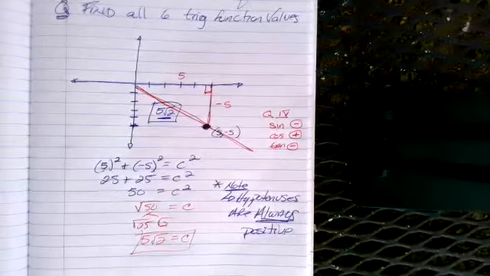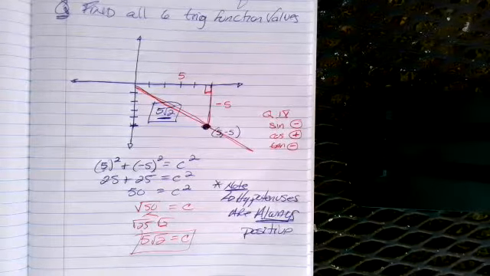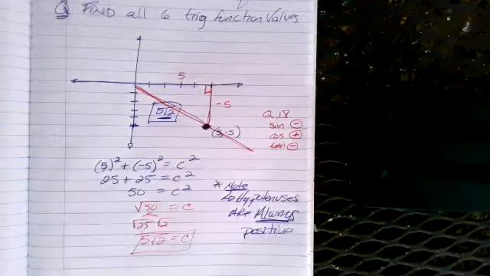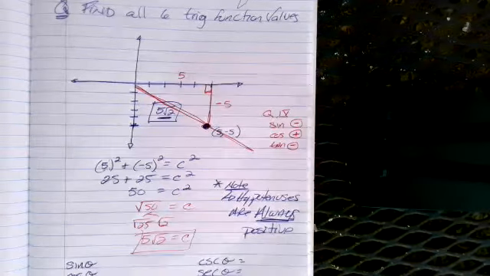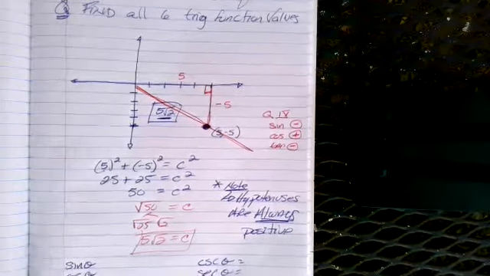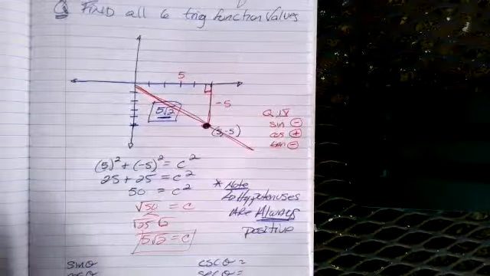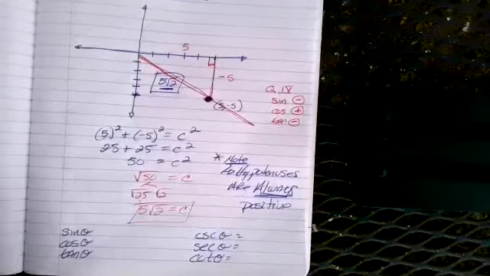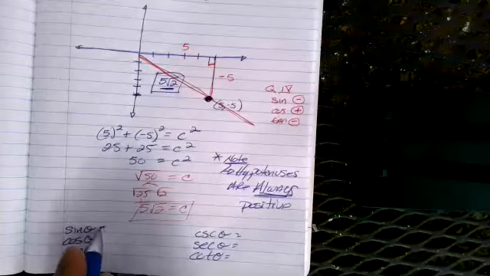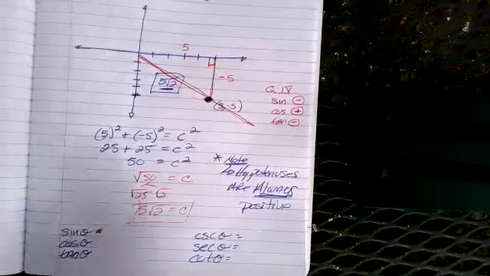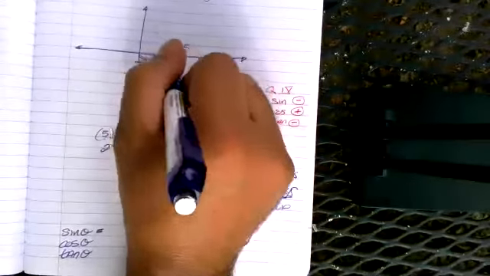All we have to do is determine our 6 trigonometric function values. So let's do that. We need the 6 trigonometric functions. So sine is our opposite over our hypotenuse. We're looking at an angle up here.